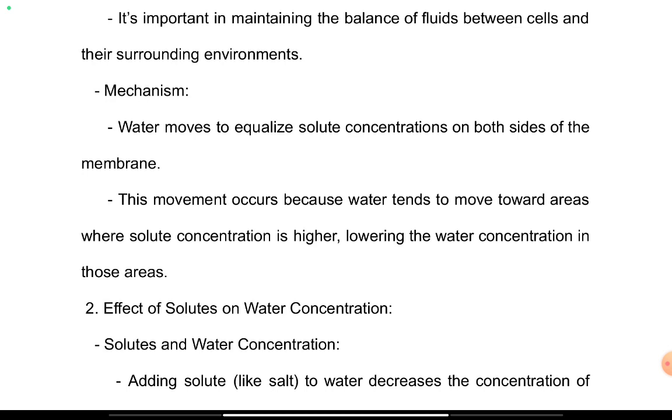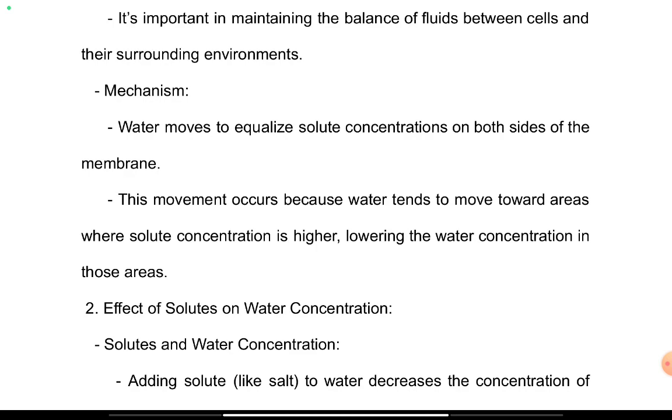The same value should be obtainable in the intracellular fluid. So by the time there's a significant reduction or increase in any of these, there will be an imbalance and water will move from one compartment to the other.